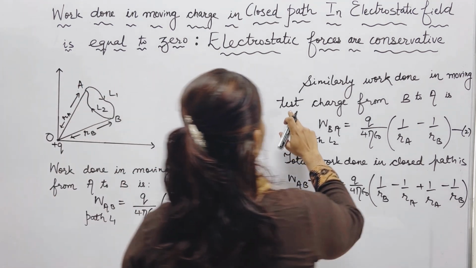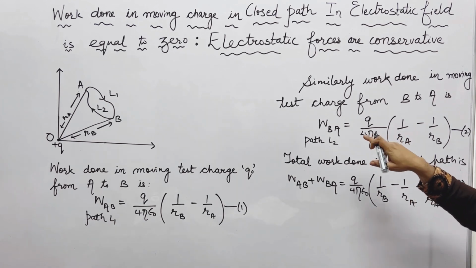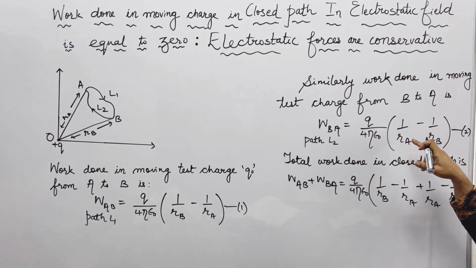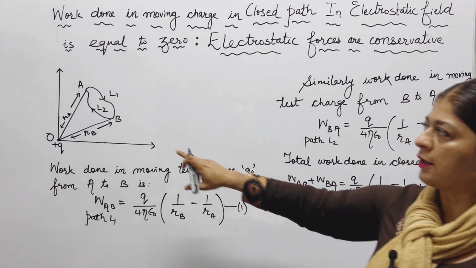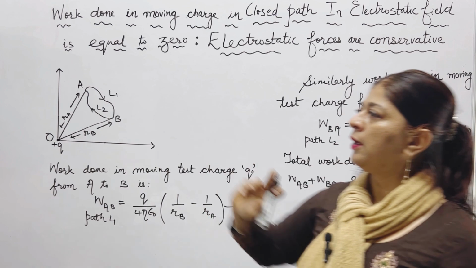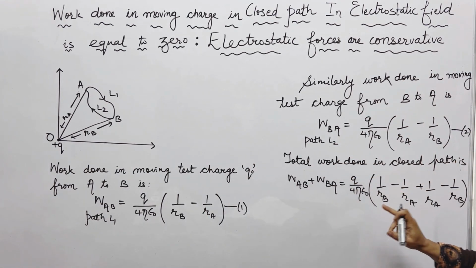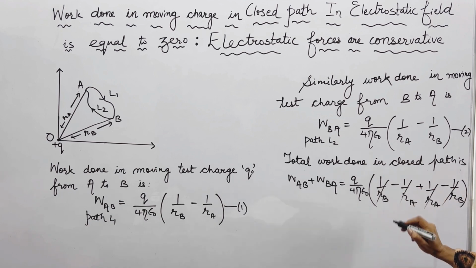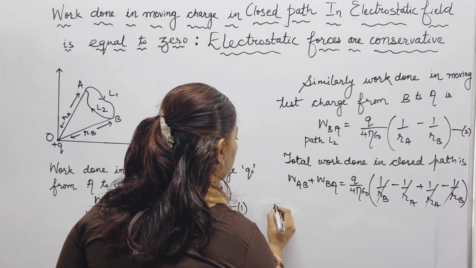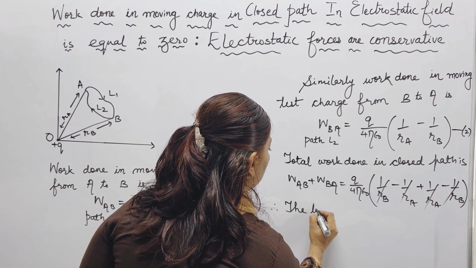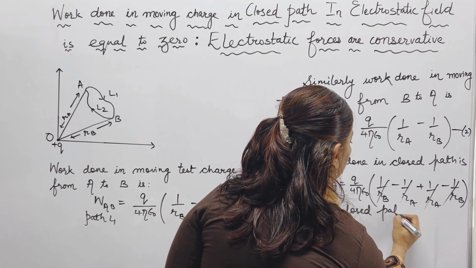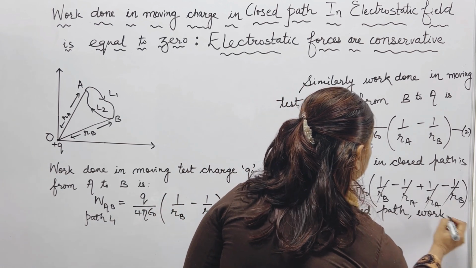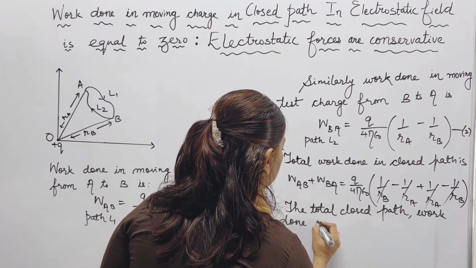Similarly, the work done in moving the test charge from point B to A is given by this expression. Now, adding these two equations, we will get the total work done along the closed path, work done from A to B and then work done from B to A. So, the work done in the closed path comes out to be, adding equation number 1 and 2, 0. Therefore, the total closed path work done is 0.